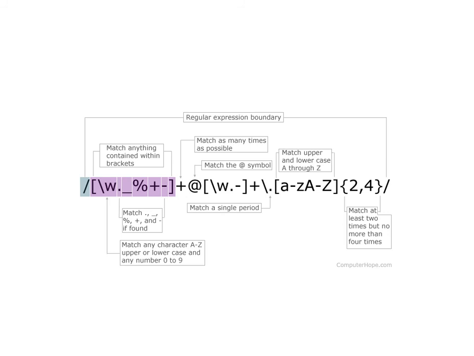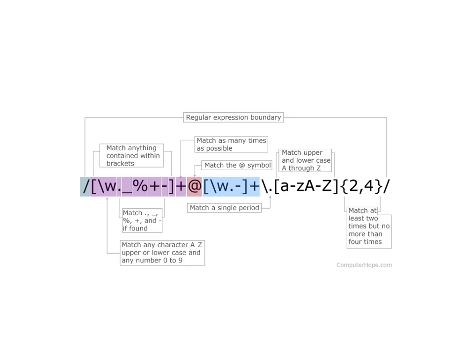And we need any number of those, as long as there's at least one. We need the @ symbol, specifically the actual @ symbol. This is not a special character. That just means the @ symbol is here. Okay, we open up another character class. Words, dots, and dashes are all good.